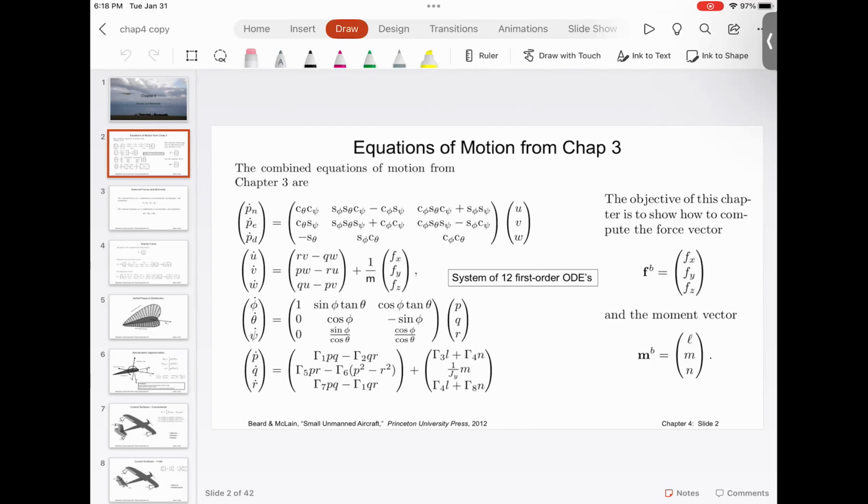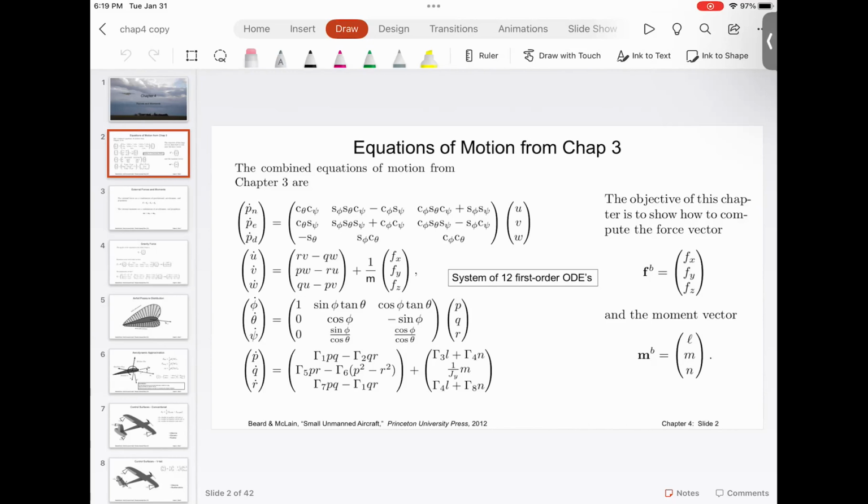Now, if you look at the right hand side of this equation, we have Fx, Fy, and Fz. These are the forces in x direction, y direction, and z direction in the body coordinate system. And I have the moments L, M, N, which are the moment about x-axis, moment about y-axis, and moment about z-axis.